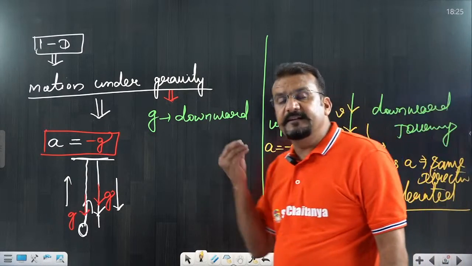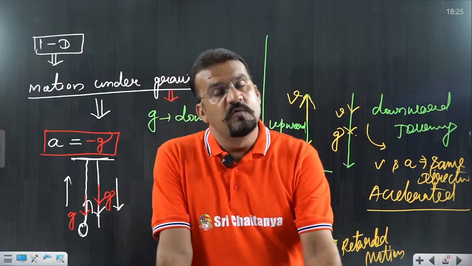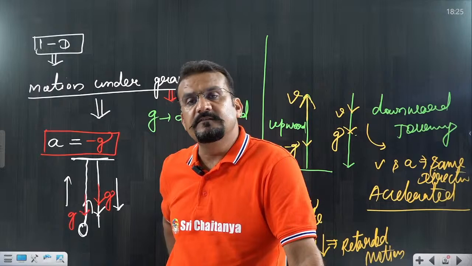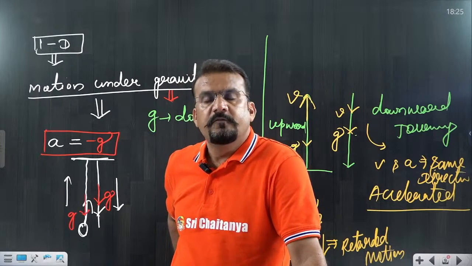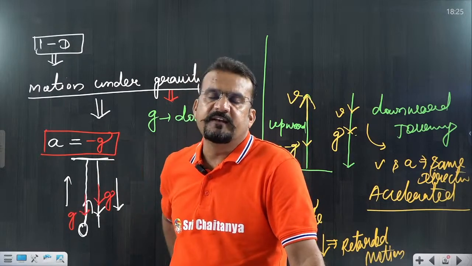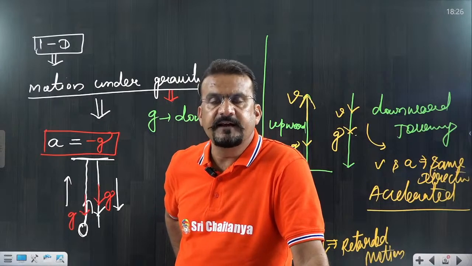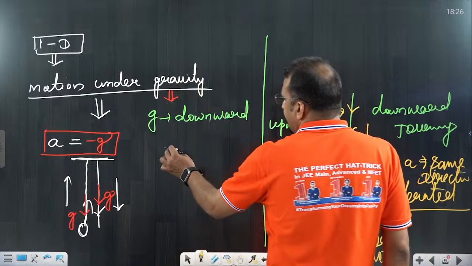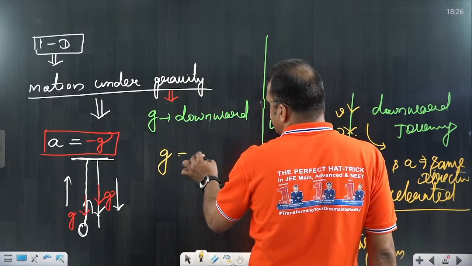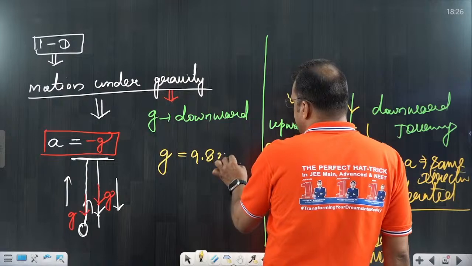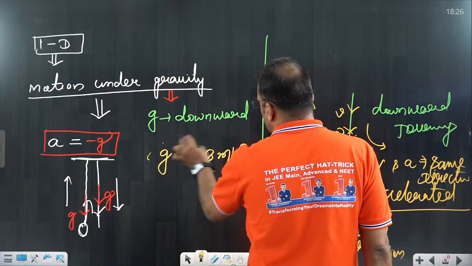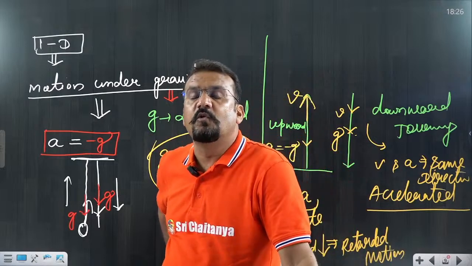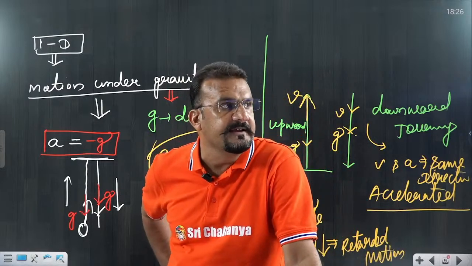So this is the practical demonstration of 1D motion, because in this motion, acceleration is constant, in magnitude as well as direction. The direction is always downward and the value of gravity on the surface we take as 9.8 meter per second square. This is the practical case of motion in a straight line.